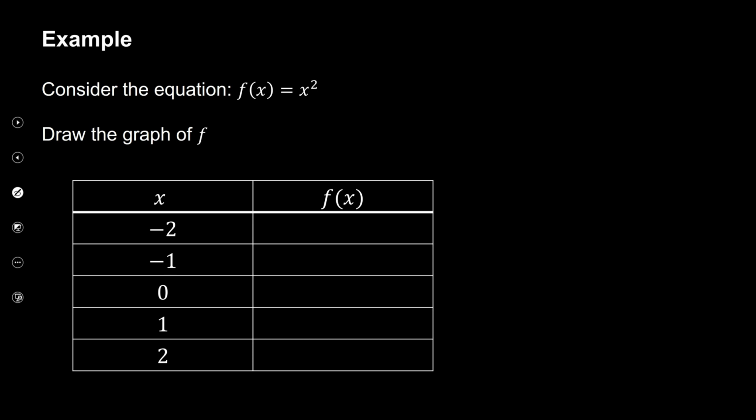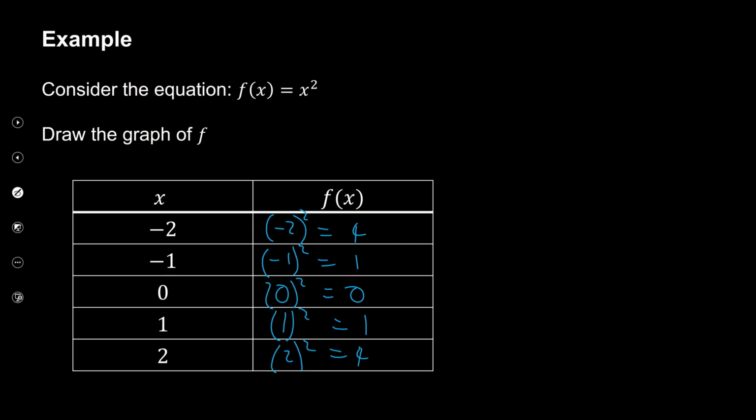So this is going to be minus 2 all squared, which equals positive 4, minus 1 squared equals 1, 0 squared equals 0, 1 squared equals 1, and 2 squared will equal 4.